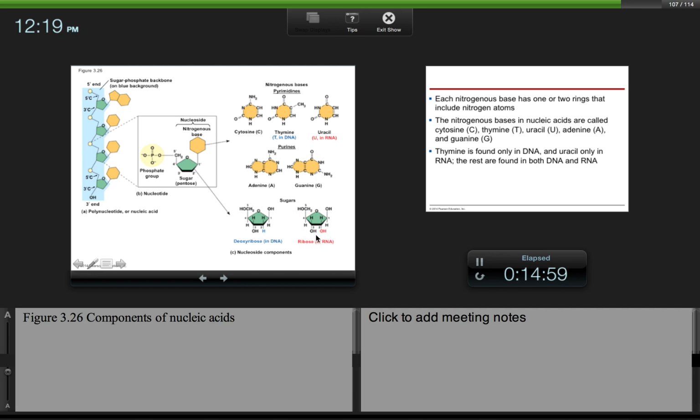RNA has ribose. Notice the only difference is right here, on your second carbon. In deoxyribose, it's just a hydrogen, so deoxy, without oxygen, so it's missing an oxygen right there, whereas in ribose, you have an OH group there.